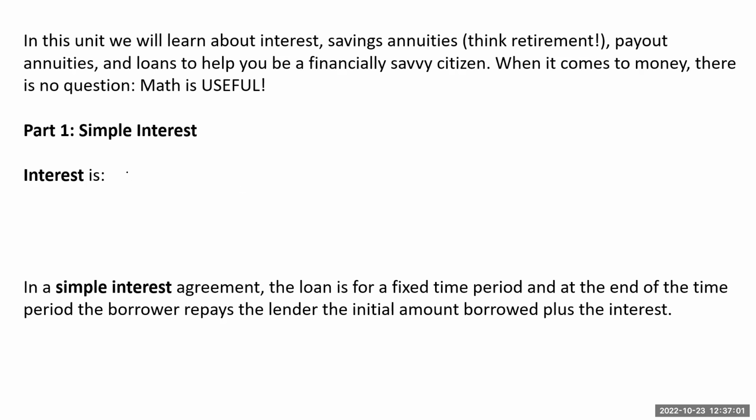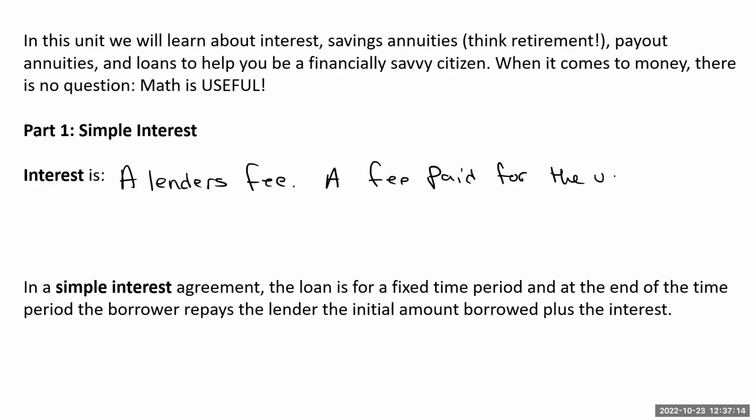But essentially here, interest is a lender's fee, okay? It's a lender's fee. So it's a fee paid for the use of money. So when we use money, that can go really both ways here. So like we said, you can earn interest.